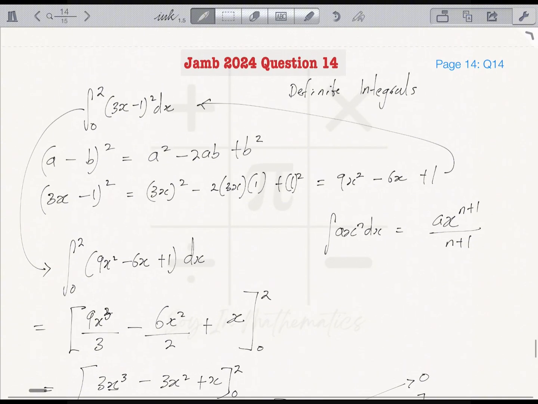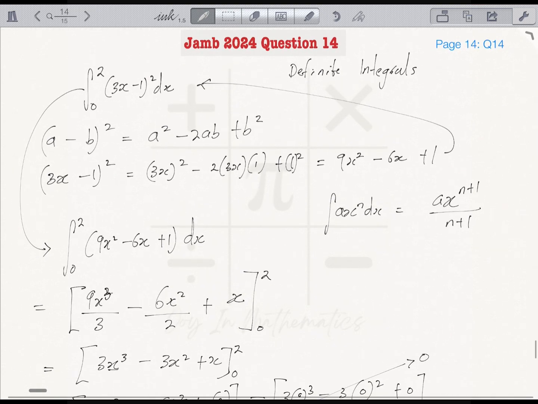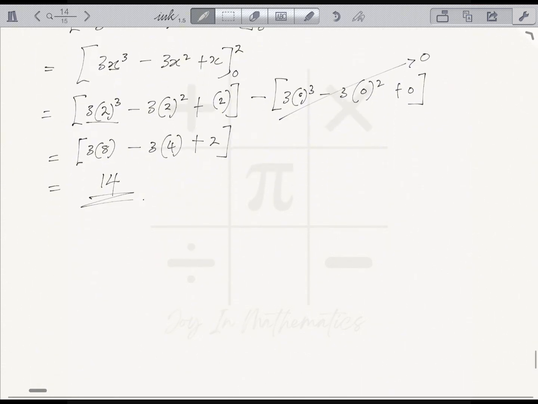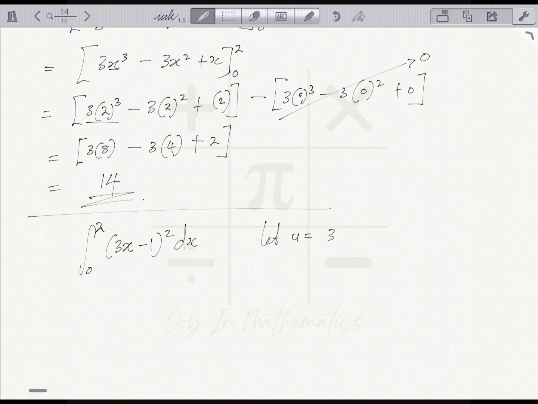The other way to solve it is to use integration by substitution. Now let's try again. We're given the integral from 0 to 2 of (3x minus 1) squared dx. By substitution we say let u be equal to 3x minus 1. Therefore du/dx is equal to 3, and then we can make dx the subject of the formula, and this will give us du divided by 3.